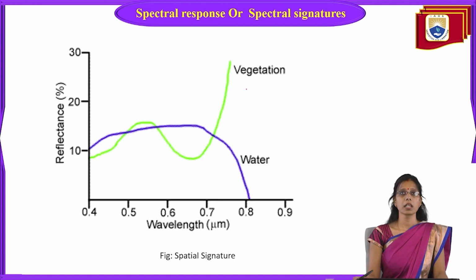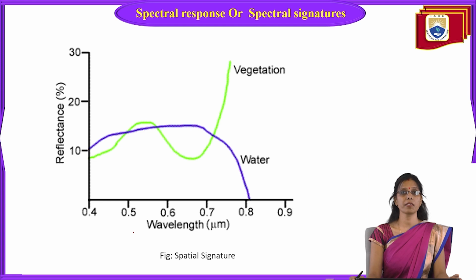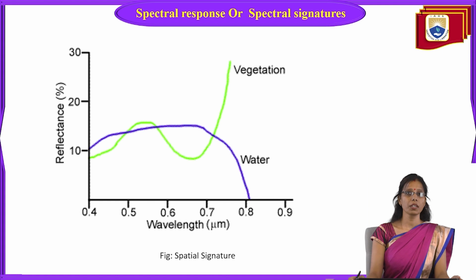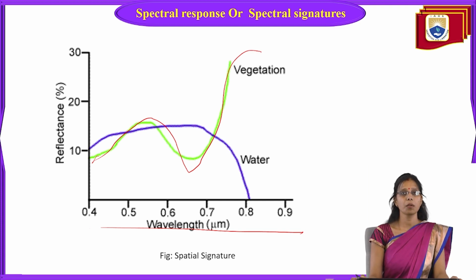Next, we have spectral response or spectral signatures. We have discussed this in the previous lectures also. The spectral reflectance curve shows how much it reflects and absorbs. When you talk about vegetation, you start from 0.4 to 0.9. At 0.4 it is absorbing, it goes up at 0.5 to 0.6, again goes down, again goes up. So it has a lot of reflection in an up and down configuration. That means it is giving information in the 0.4, 0.6, 0.7 and 0.8 bands.